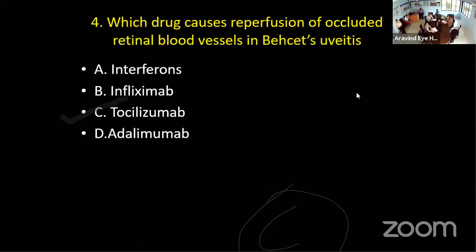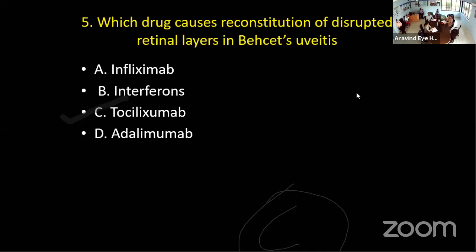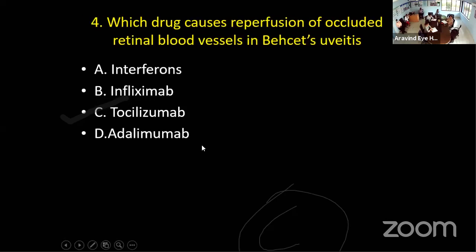Which drug causes reconstitution of the disrupted retinal layers? Is it infliximab, interferon, tocilizumab, adalimumab? Infliximab. Good. So you got confused here. The wonder drug which opens up the ocular retinal blood vessels is interferon.